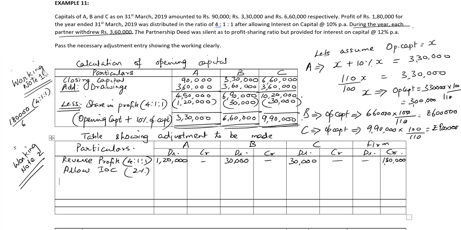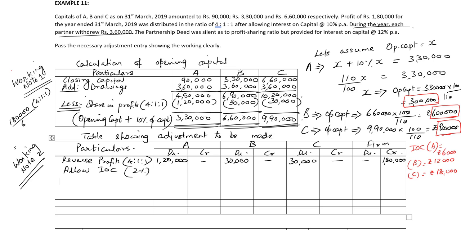The capital of A is rupees 3 lakh, the capital of B is rupees 6 lakh, and the opening capital of C is rupees 9 lakh. So on applying the 2%, the IOC in the case of A is rupees 6,000. For B, the IOC is rupees 12,000. And for C, the IOC is rupees 18,000.